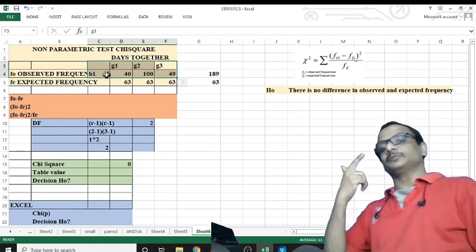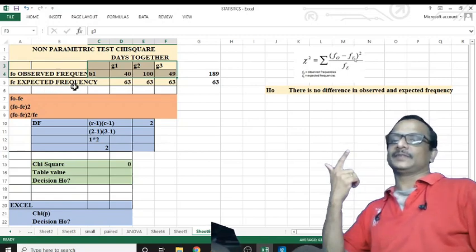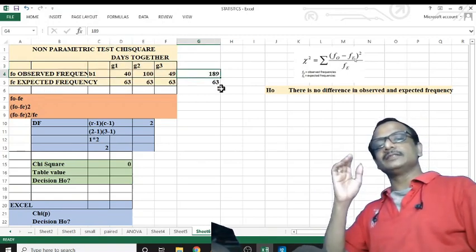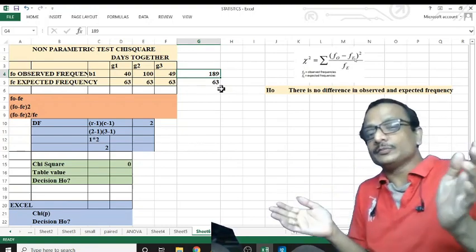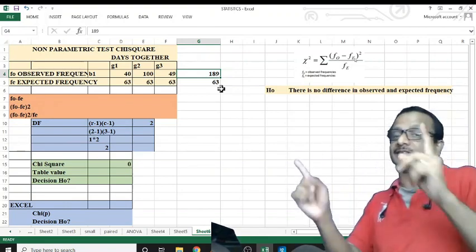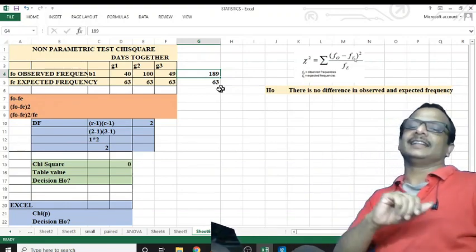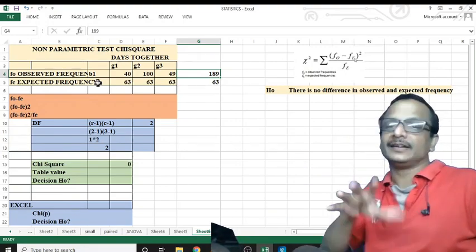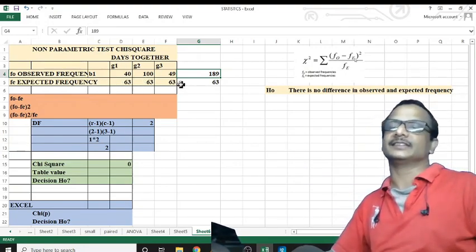And what is the expected frequency? Expected frequency means, among the 189 days, if there is no specific association for the boy with any of the 3 girls, it is expected that the boy can equally share the days with these girls, isn't it?